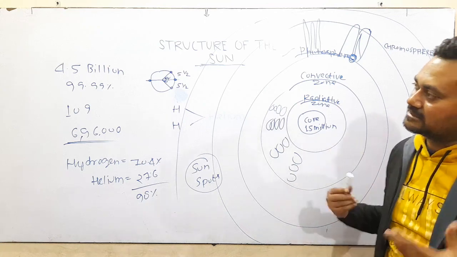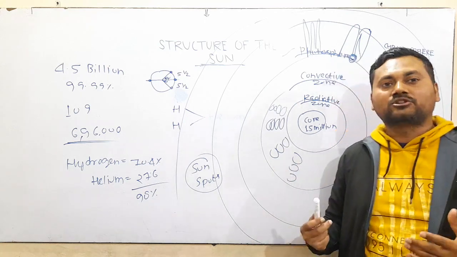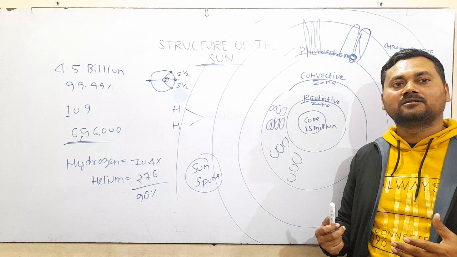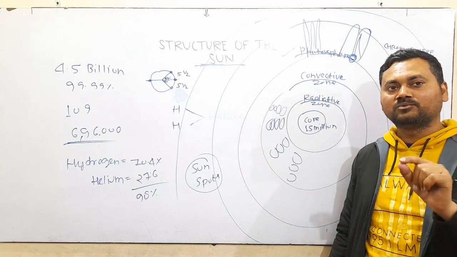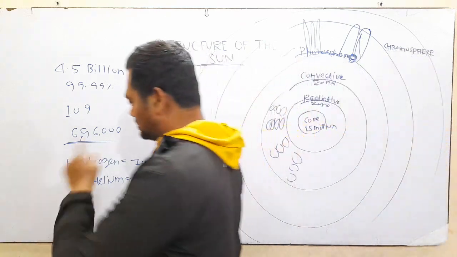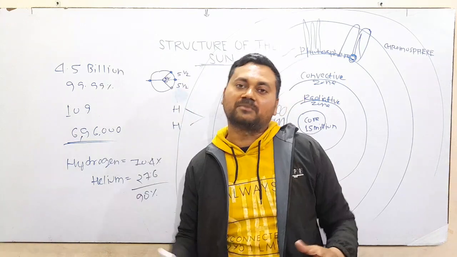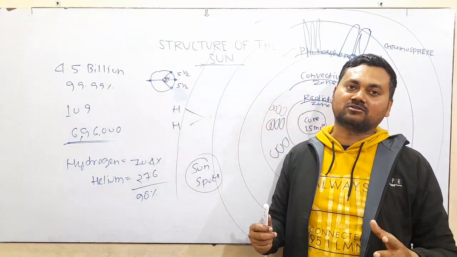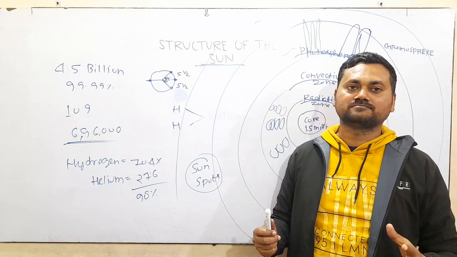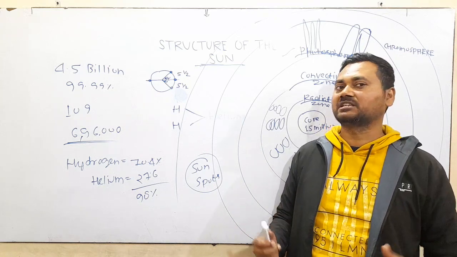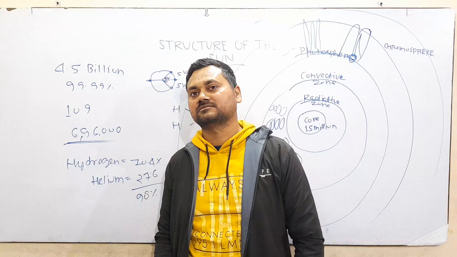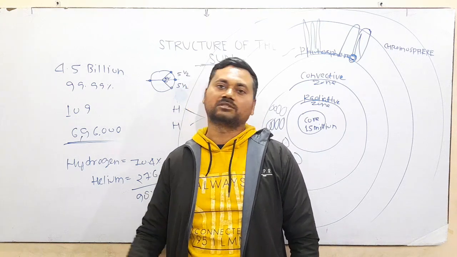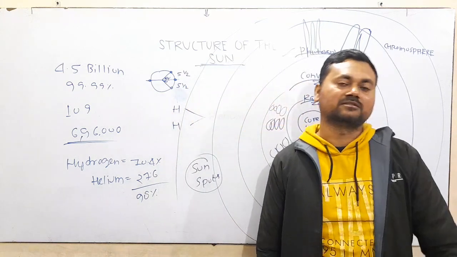And this 25 crore years, in which the sun completes one revolution, is known as one galactic year, or one cosmic year. One cosmic year is equal to 25 crore years.